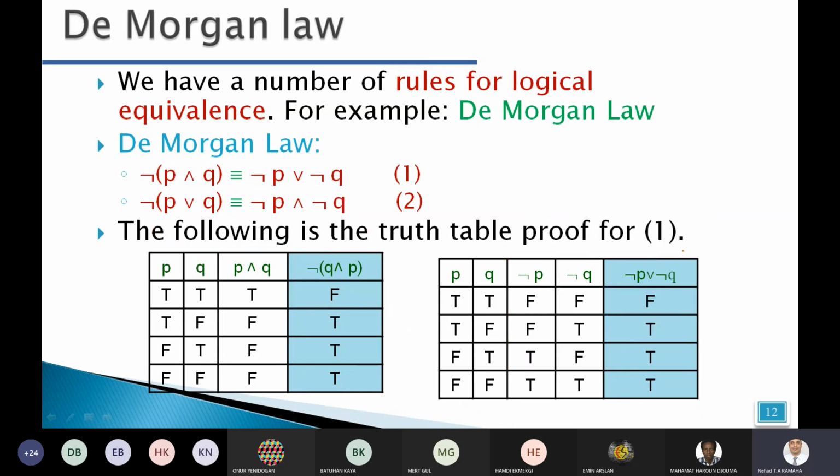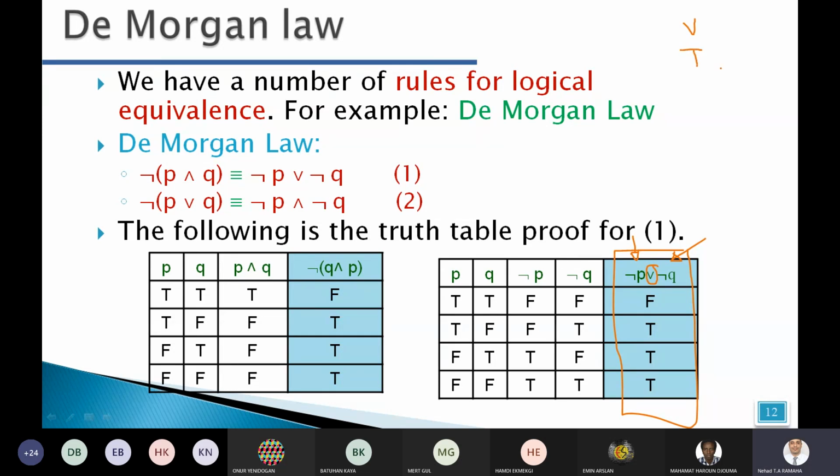Okay, now the final result for this compound proposition, we need to make the OR operator between NOT P and NOT Q. We mentioned before, the OR operator will give me true if any side is true.